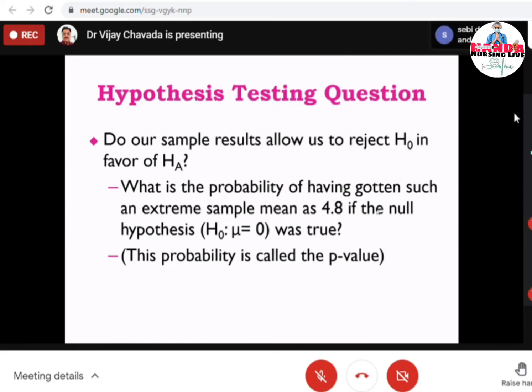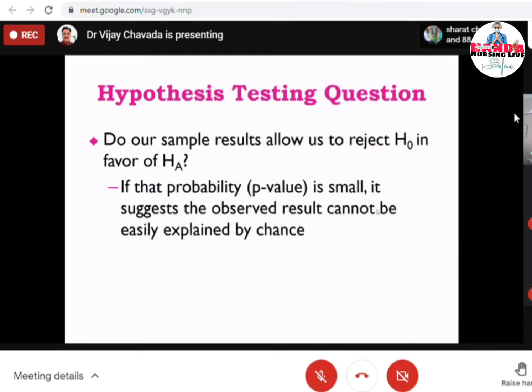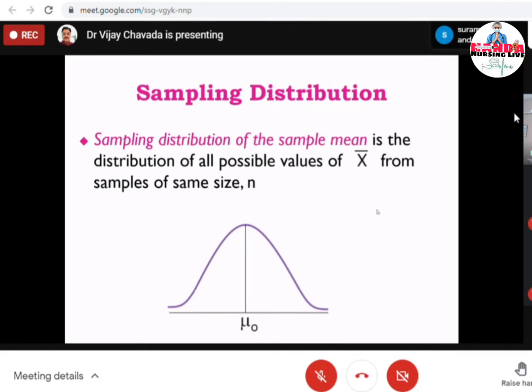This probability is called the p-value. We want to know whether the given difference in the incidence occurred because of a real difference or because of chance. To understand that, we need to understand the sampling distribution.